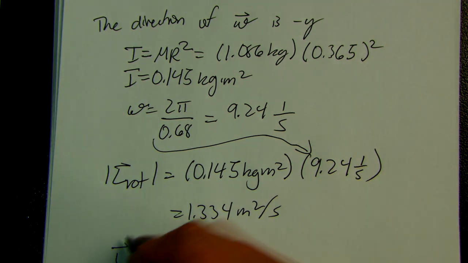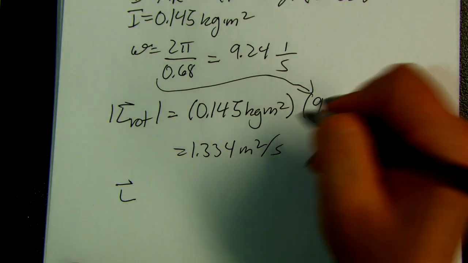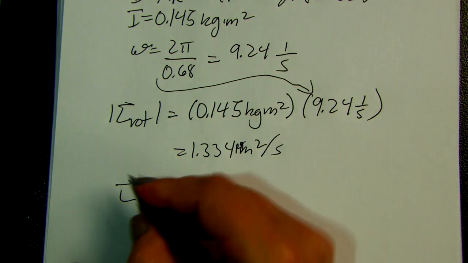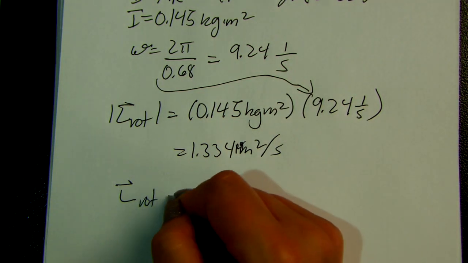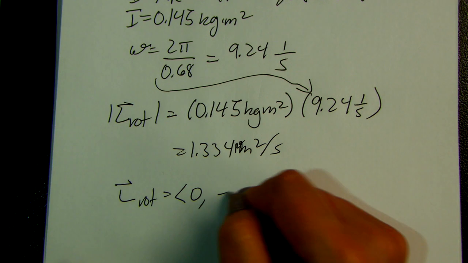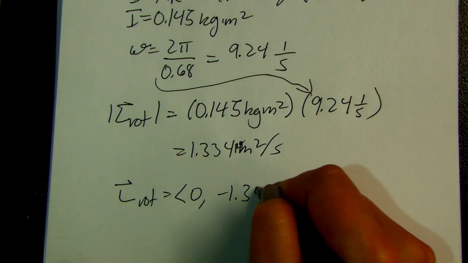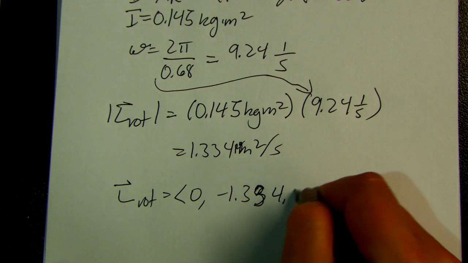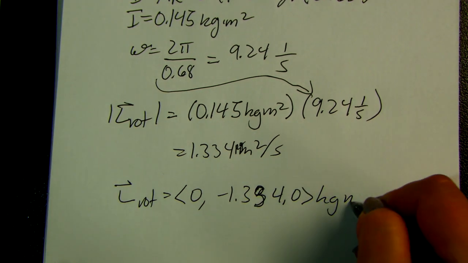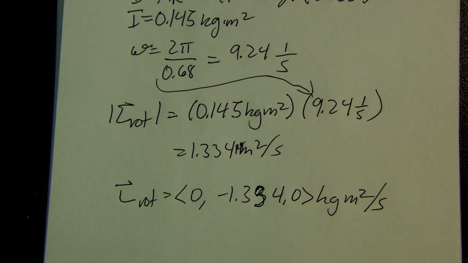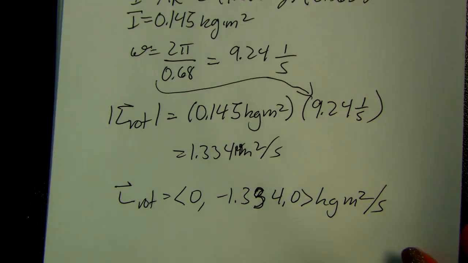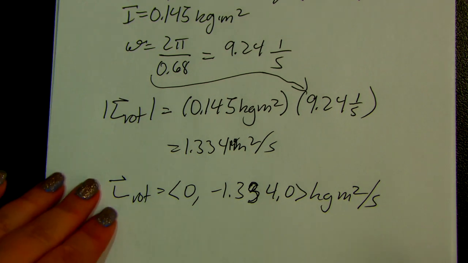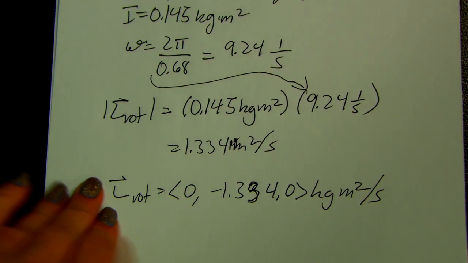And we've already determined the direction of rotational angular momentum: 0, minus 1.334, 0 kilogram meters squared per second. Okay, so there you go. There's an example with rotational angular momentum.